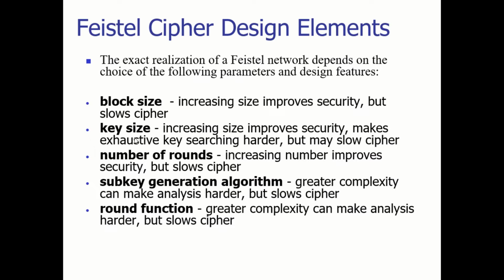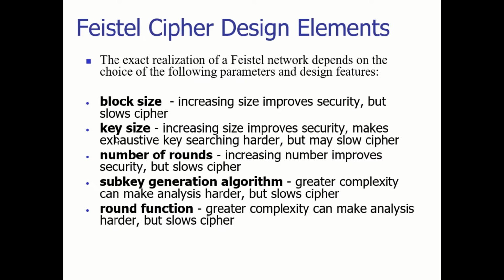This block size tells you about the size of the block with which you are dealing at a given time. Okay, and I told you that this size could be 64 bits, it could be 128 bits or 256 bits and so on, right?